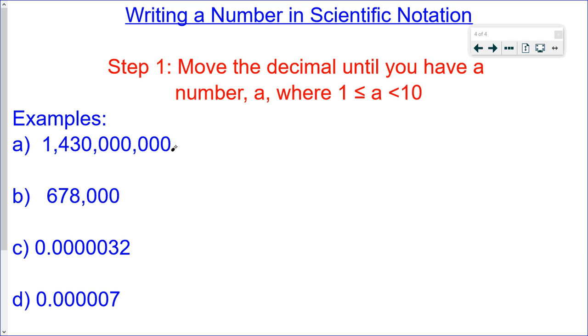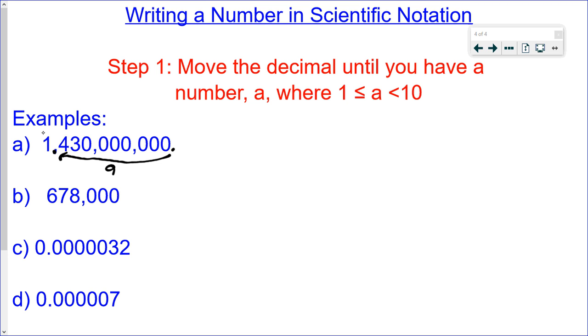Now remember, the decimal point's right here. We don't write it, but it's there. I need to move the decimal point until I get a number that's greater than or equal to 1 and less than 10. So I'm going to move the decimal point to here. So the decimal point is going from here to here. And how many places did I move the decimal point? I moved it 3, 6, 9.